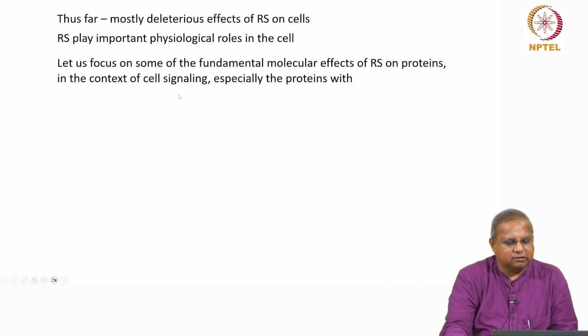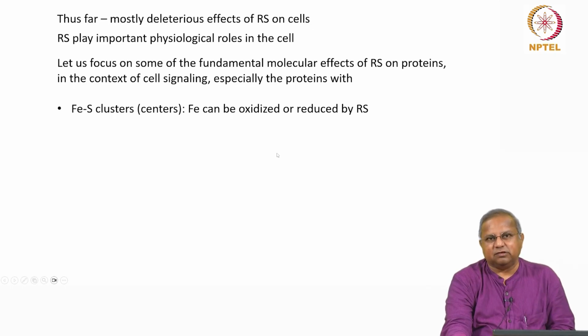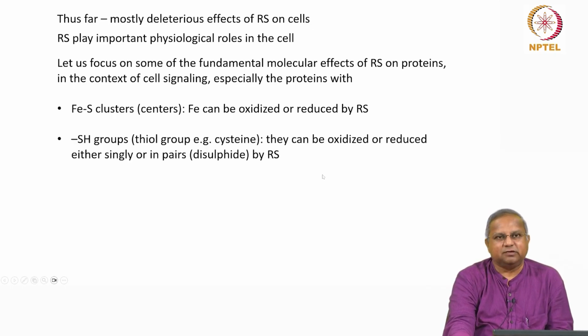And we are going to focus on some fundamental molecular aspects of reactive species on proteins in the context of cell signaling, especially the proteins with iron sulfur clusters, right? The ones that can interact with the reactive species. In this case, iron can be oxidized or reduced by reactive species.